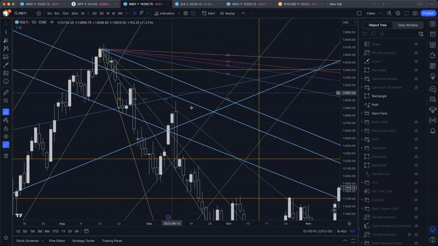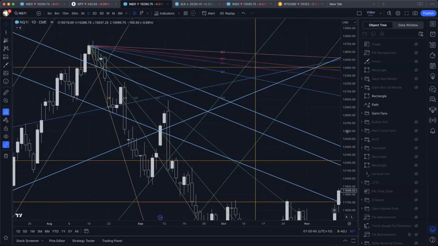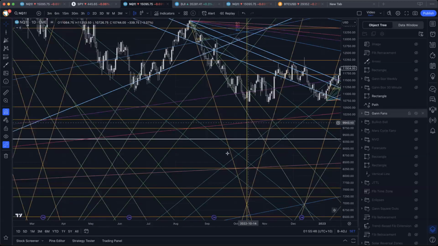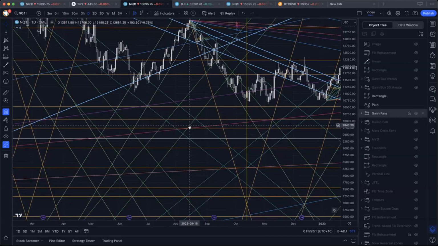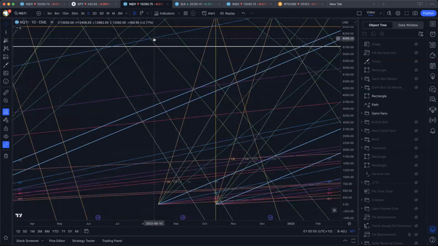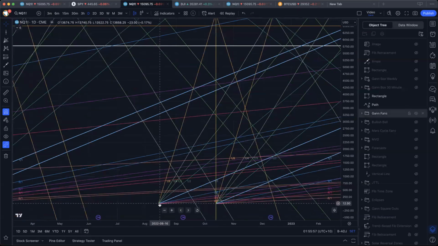Okay, so we've got a fan there. And then if we go down to 0, what I did is I anchored a Gann fan at 0 on that day, which is August 15th. So if we go all the way down to 0, you can see there's a fan down here anchored at 0 on August 15th as well.